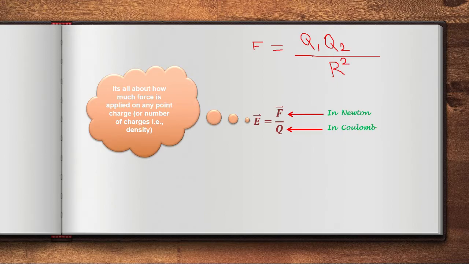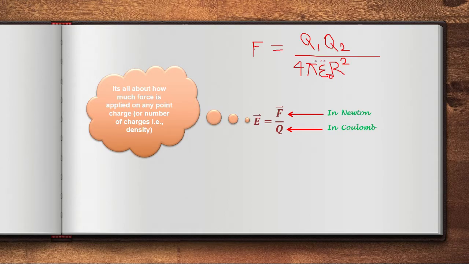When we write equal to, we have to consider the constant of proportionality, which is given by 1 upon 4 pi epsilon naught. In the previous session we have seen this and also discussed the examples. So this is the formula for force.